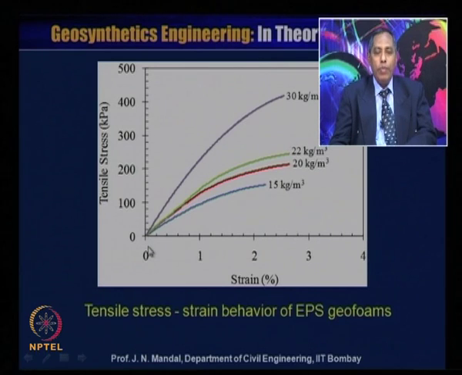You can see here that as the strain increases, the tensile stress value also increases in all cases, and as the density of the EPS geofoam increases, the tensile stress of the EPS geofoam increases. In almost all cases the strain value lies below even 3% of strain.